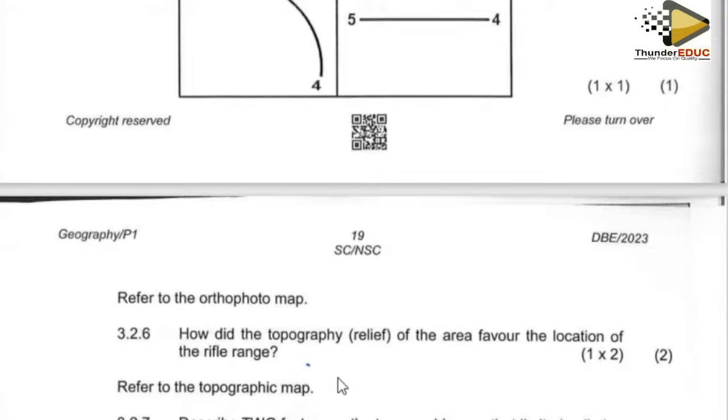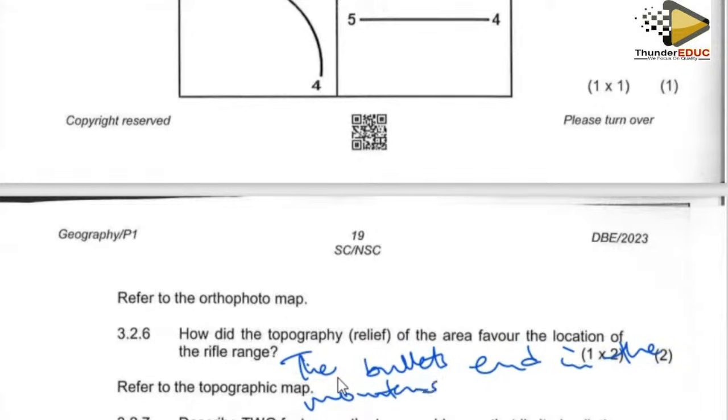Okay, the relief in the area favors because the bullets end in the mountains.